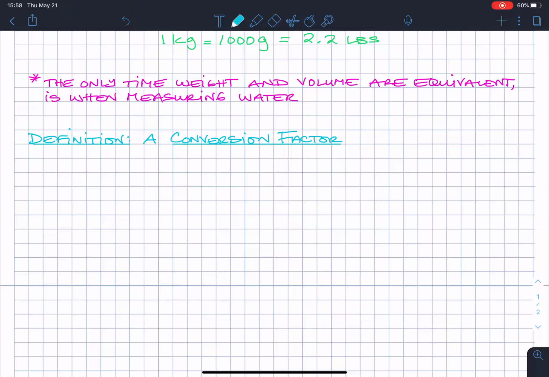A conversion factor is a ratio equivalent to 1, like we started out this section with. That is, i.e., id est, a ratio involving equivalent measures.